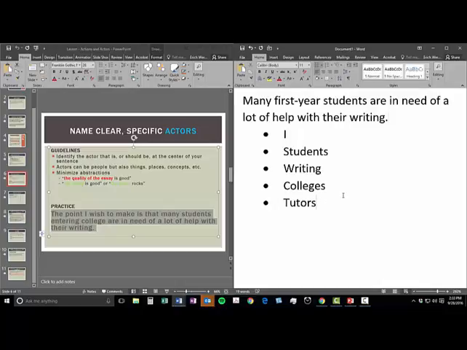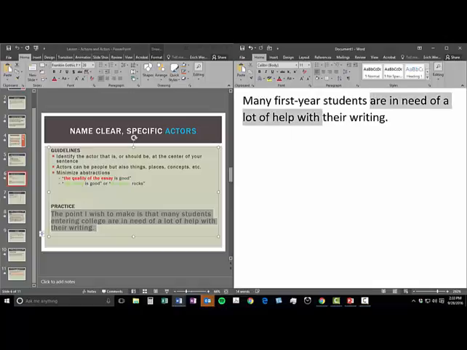But now let's talk about actions, right? Well, I didn't ask you to look at those, but maybe you did anyway because you internalized the first lesson. But I think we would agree that this is a kind of an abstract action. Are in need of a lot of help. First of all, we talked about before, any is forms, is, are, was.